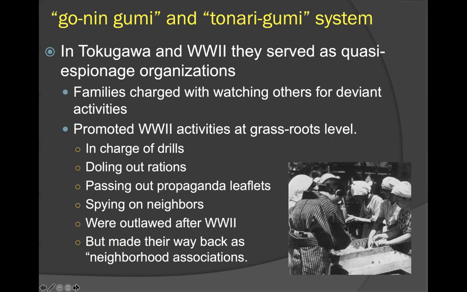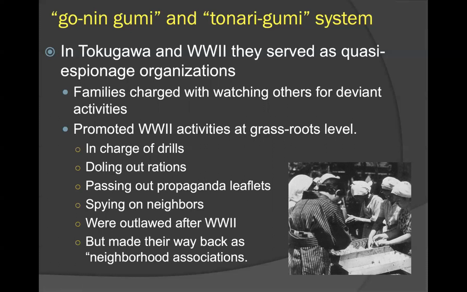They also promoted World War II activities at a grassroots level. For example, they were in charge of bombing and fire drills. They were the ones that doled out rations. As you can see here, they're doling out rice rations. They also passed out propaganda leaflets.